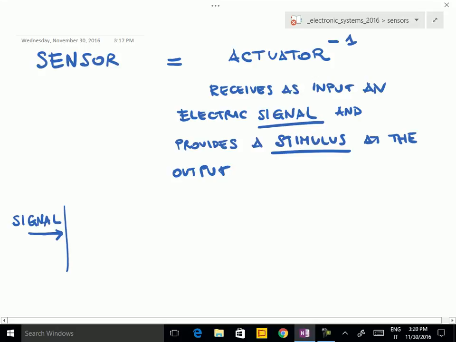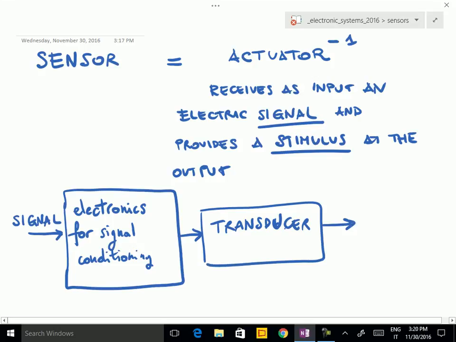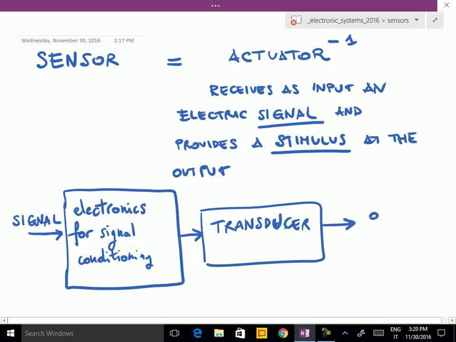Then we have some electronics as the first stage, electronics for signal conditioning. And then we have one or more transducers in order to provide the stimulus at the output.